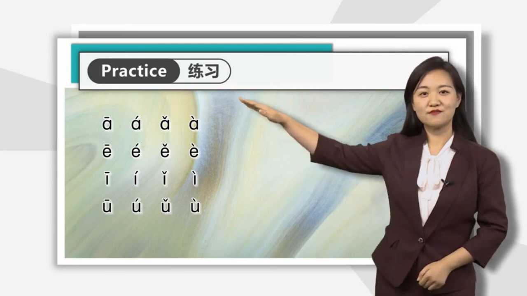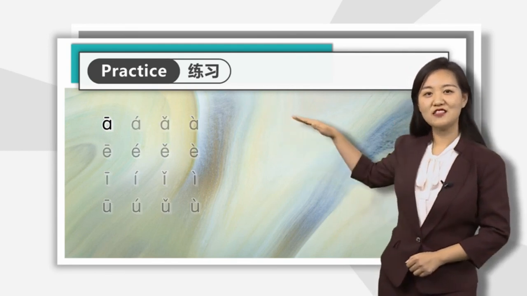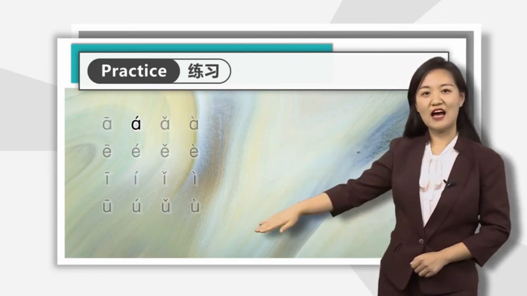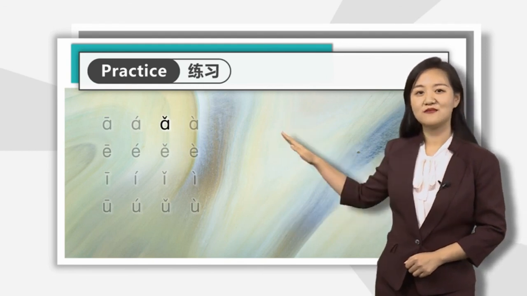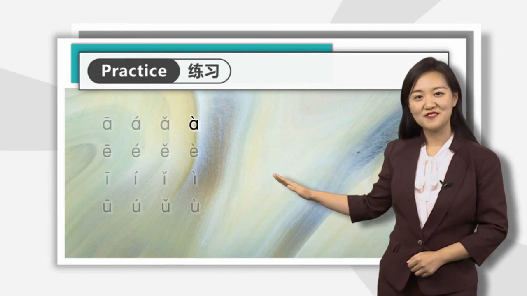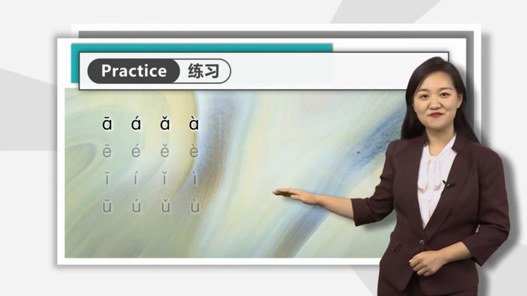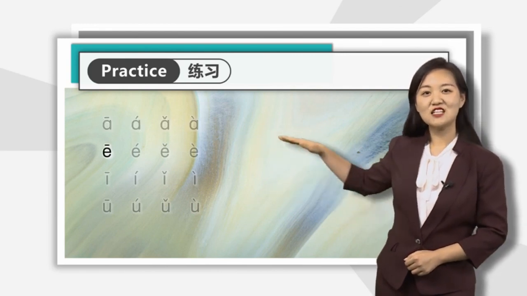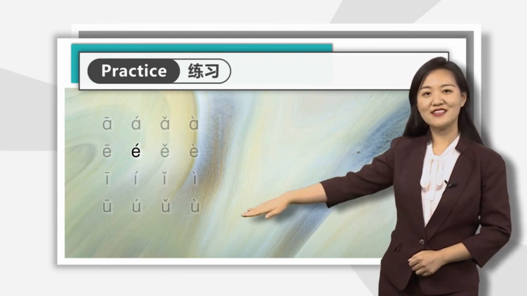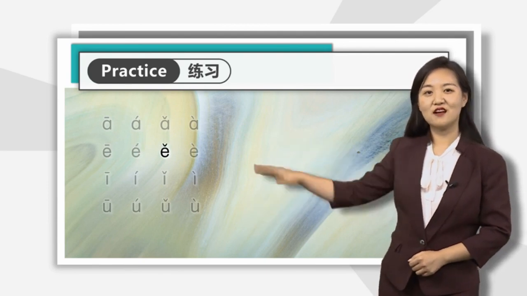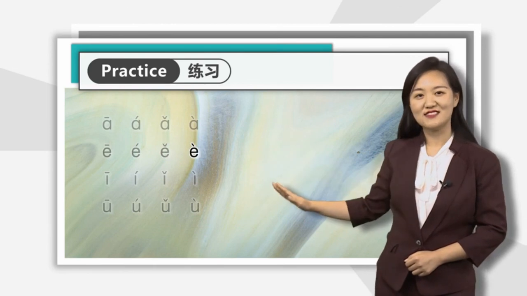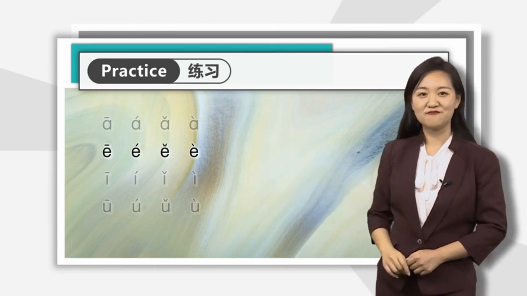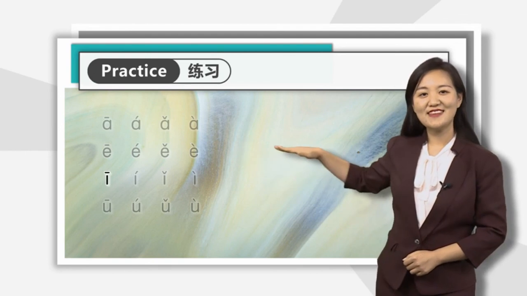跟我读. 啊, 啊, 啊, 啊. The next group. 呃. The next group. 一.